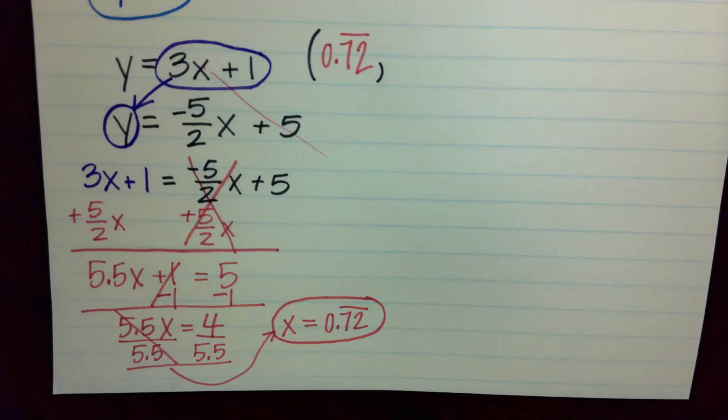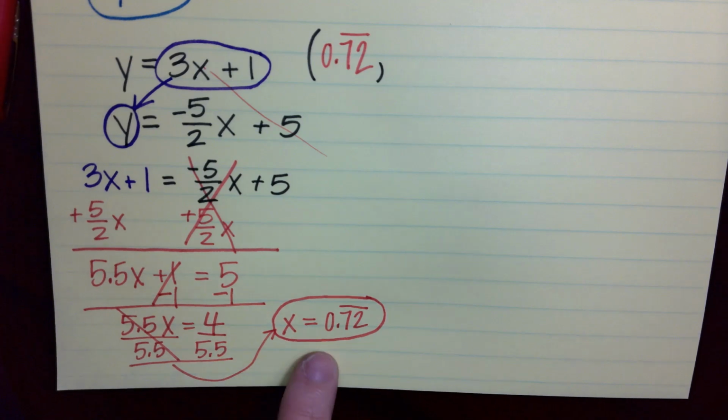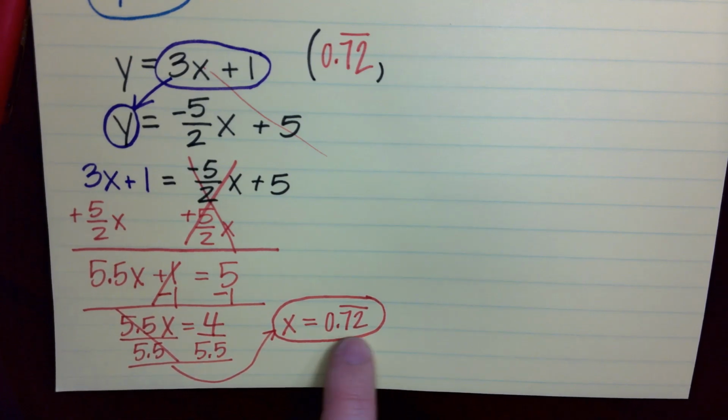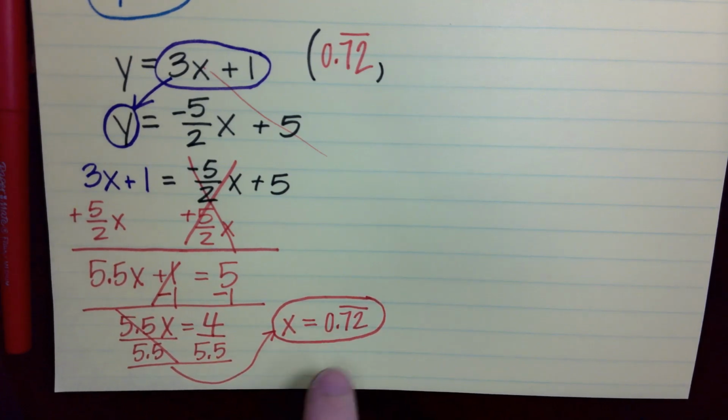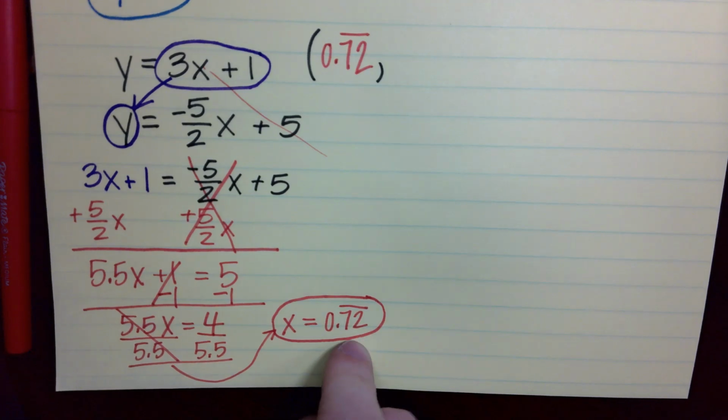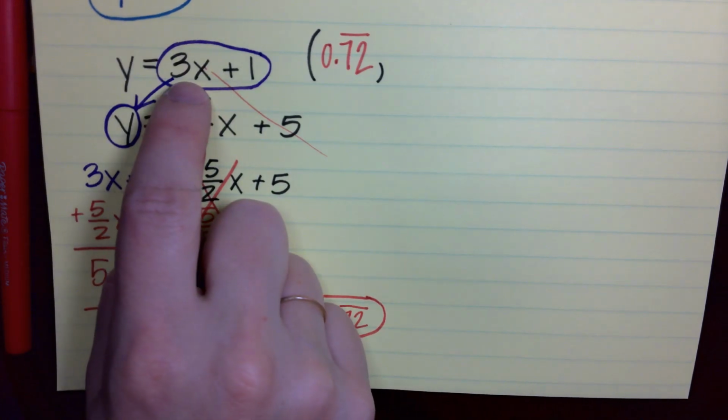And how do we solve for y? You would plug 0.72 in that. Yes, let's put 0.72 into the top equation. No fractions are nice.